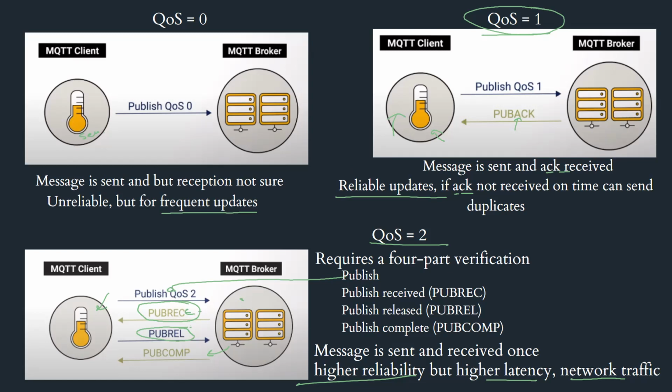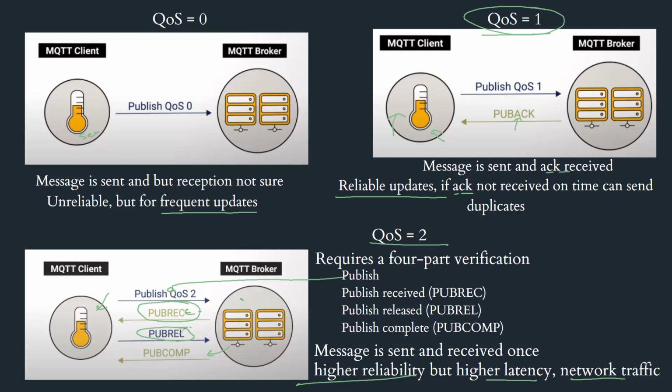So what is the use of having pubrel and pubcomp even after pubrec verifies that the data has been received? The pubrel and pubcomp are used to say that I'm not going to publish the same data again. So I'm not going to send a duplicate of that same data.